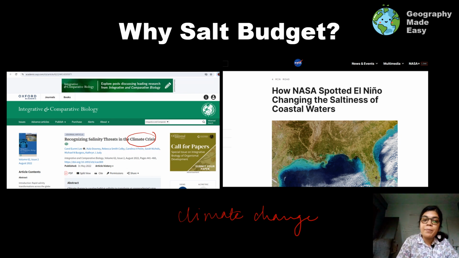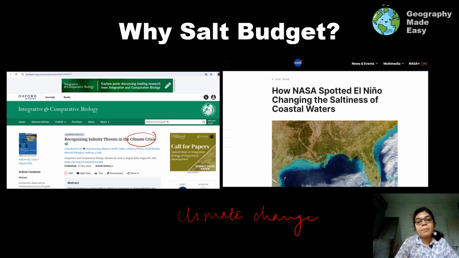This is one paper published by the Oxford academic journals, where the researchers have recognized salinity threats and connected them with the climate crisis. So an increase or a decrease in the salinity can have a huge impact on the climate, and they can act as indicators to tell us whether the harm is done, whether it is reversible or irreversible.